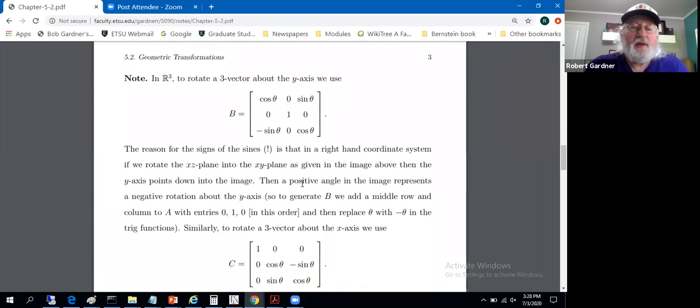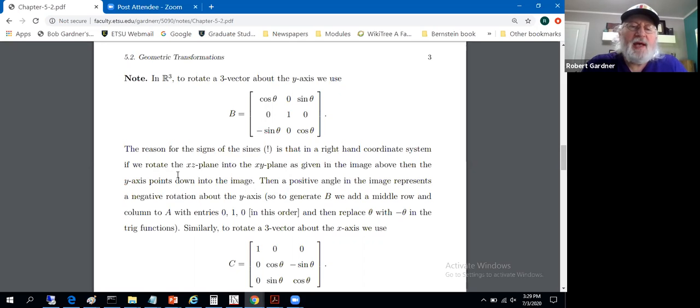Okay, let's try the following. The reason for the signs of the sine, the reason that one's not negative and that one isn't positive, is the following. In a right-hand coordinate system, in your mind, visualize, and I'm going to try to give you a state-of-the-art visualization here in a second. Imagine a right-hand coordinate system.